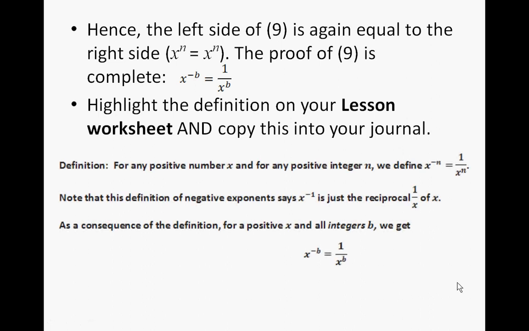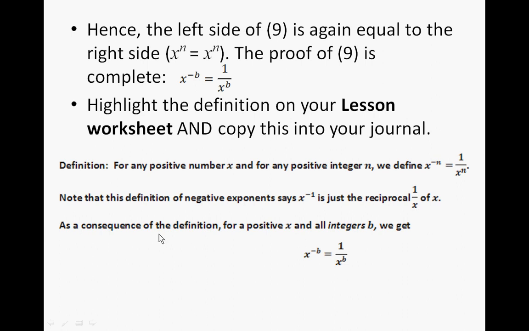So here it is, the definition. For any positive number x and any positive number n, we can define x raised to the opposite of nth power as the same as 1 over x to the n. Note that this definition of a negative exponent says that x to the negative first power is just the reciprocal, 1 over x.